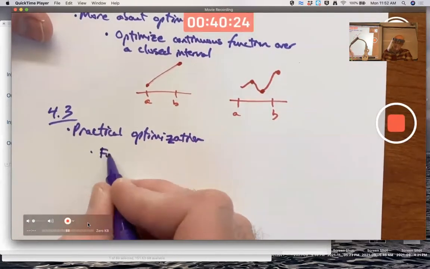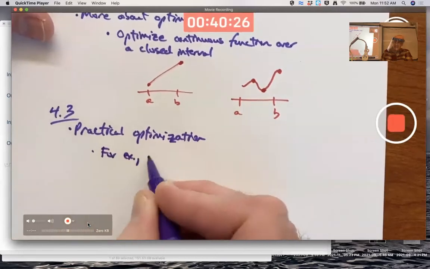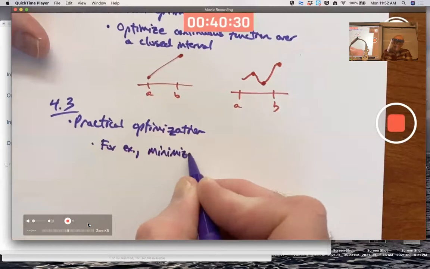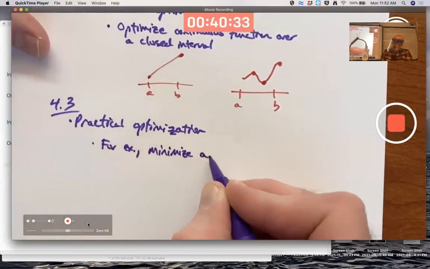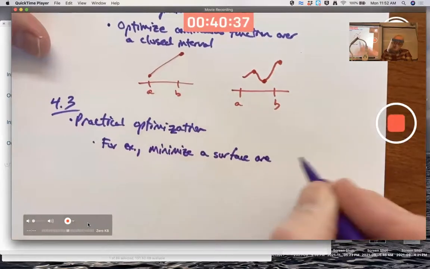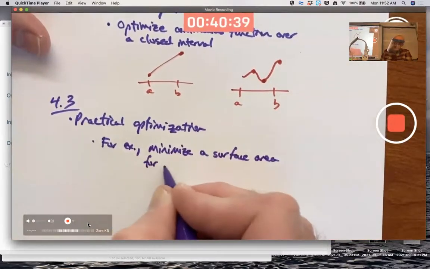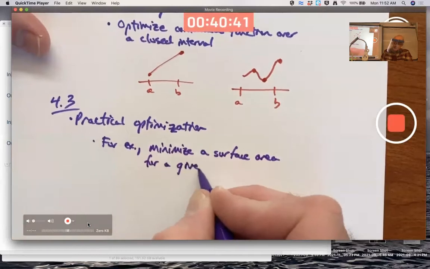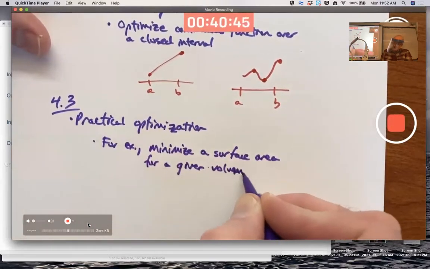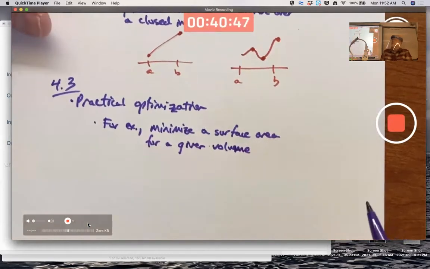For example, minimize a surface area for a given volume, for example, of a cylinder.